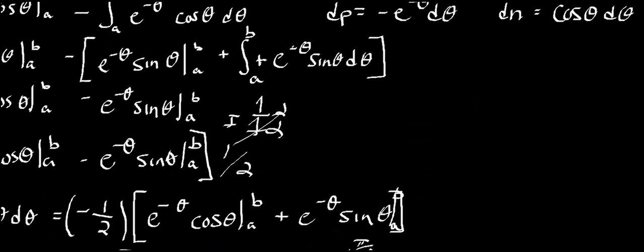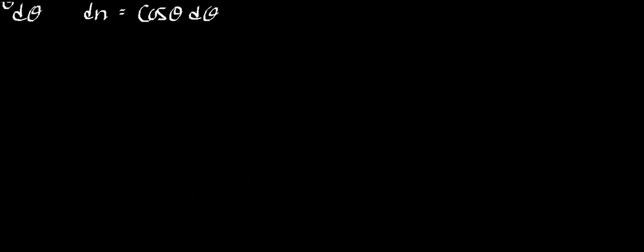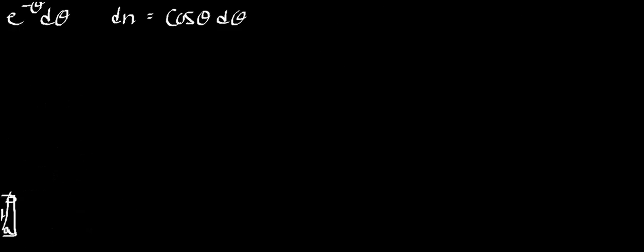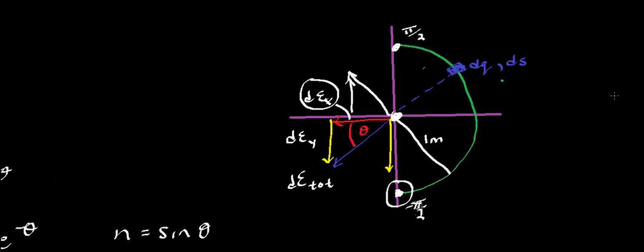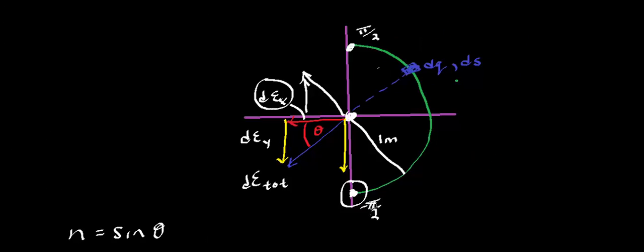So if we come back over here, I copied and pasted this picture right here. Here it is up at the top. Okay, so here's our original picture. So you have to be a little bit careful whenever you're looking at the direction of the electric field for this system. Keep in mind that when we integrated from negative pi over 2 to pi over 2, we were essentially integrating in this direction from here to here.